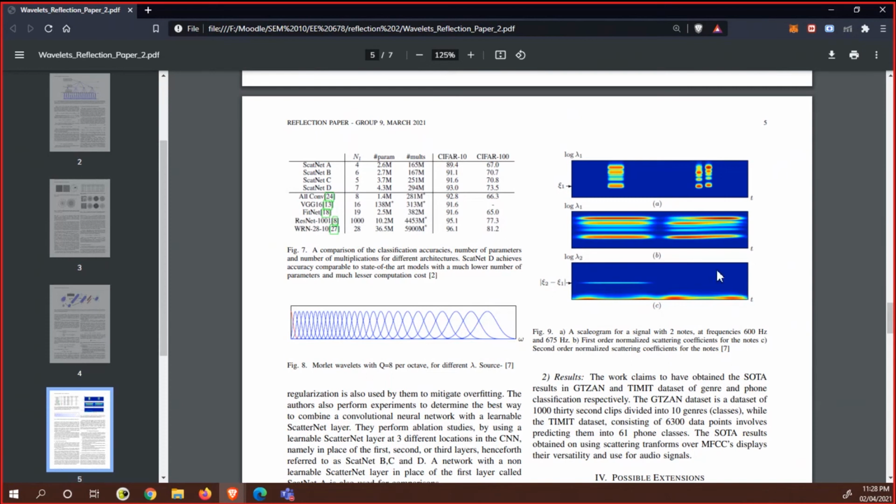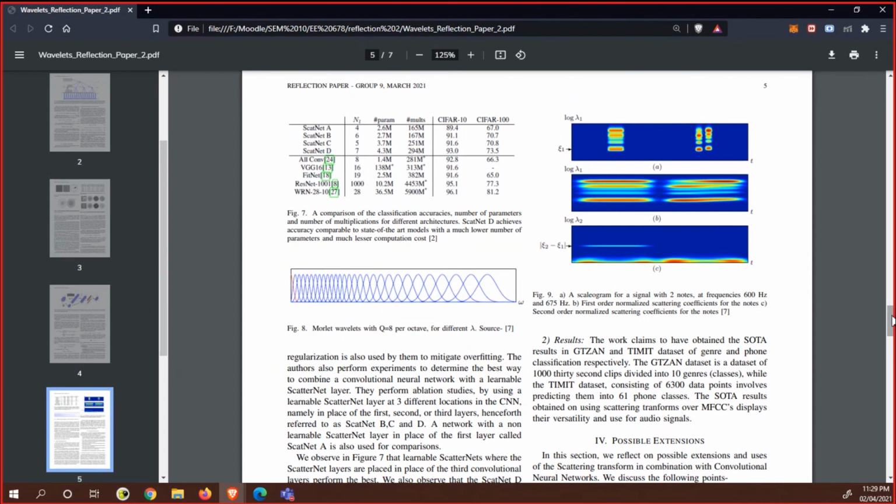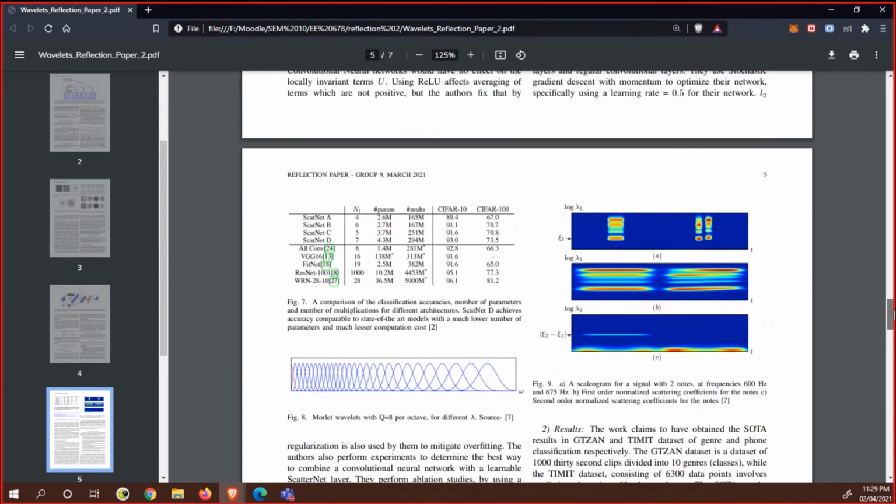The authors provide calculations for the same, and they show that their architecture requires much fewer parameters and much fewer computations, and still performs almost as well as other fully convolutional architectures, which do not make use of any wavelet transform or any scatternet, and hence have many more learnable parameters and are much more computationally inefficient. So, Abhiraj, can you take over for the next?